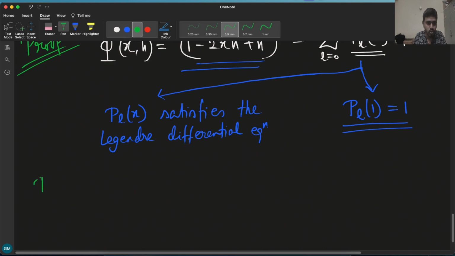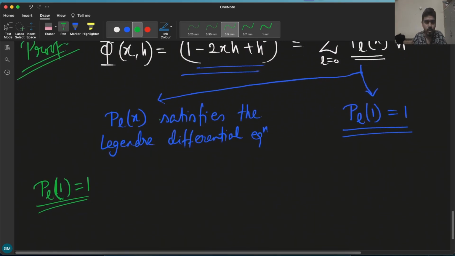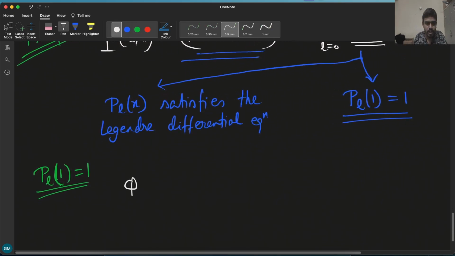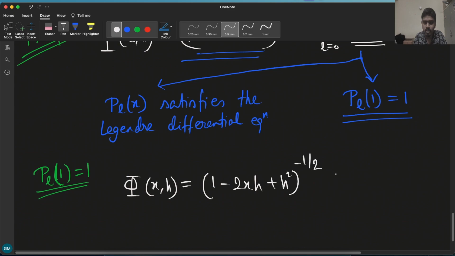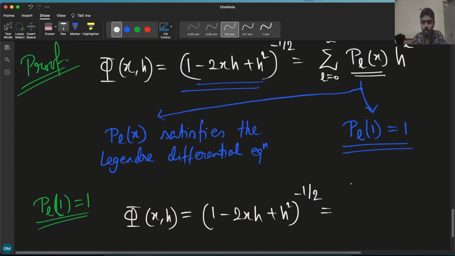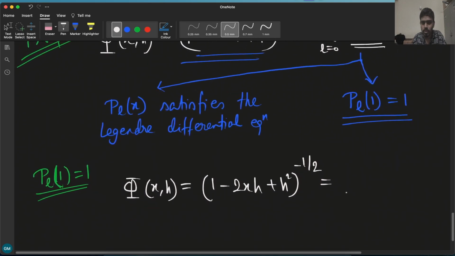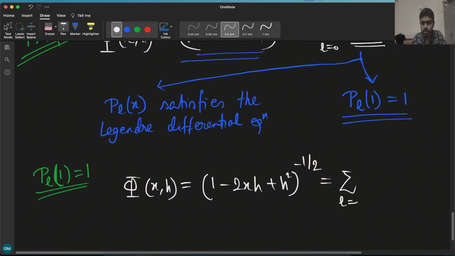Let's say I want to show that p_l(1) equals 1. Let's do this proof first. Our generating function is phi(x,h), I'm writing it again and again, 1 minus 2xh plus h square whole to the power minus half equals the sum over l equals 0 to infinity p_l(x) h to the power l.